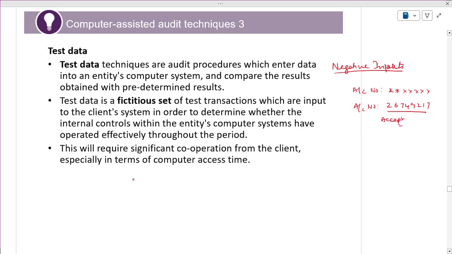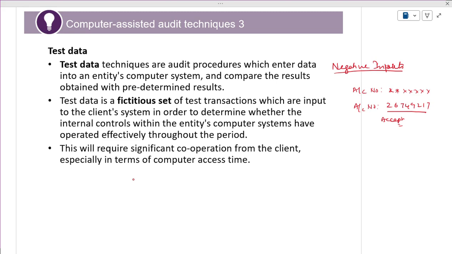If they do not match, it will not accept. Similarly, a password is also there. Even a change from capital letter to small letter, it will not accept. This is called test data.